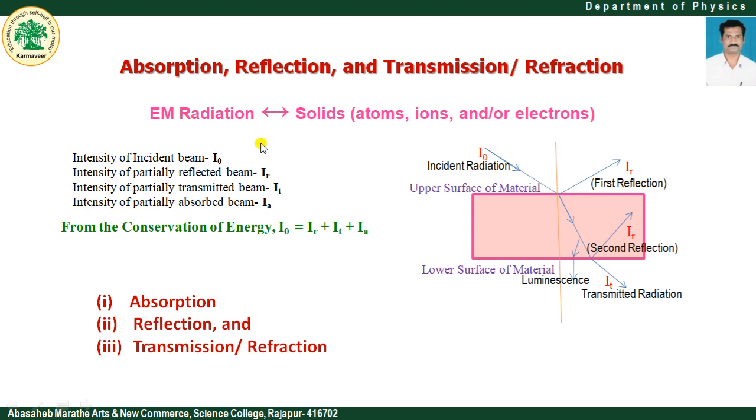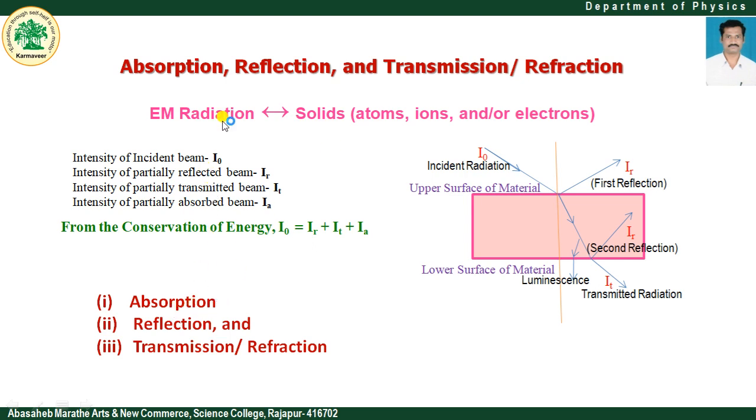For example, the interaction of light energy or the electromagnetic radiation or the photon with the valence electron, or we can say with the material, causes the number of things in which, for example, photons means electromagnetic radiation gives up their energy to the material and the absorption process occur.